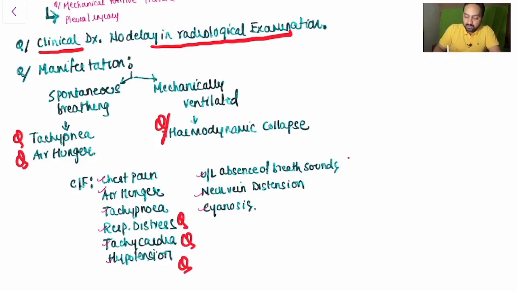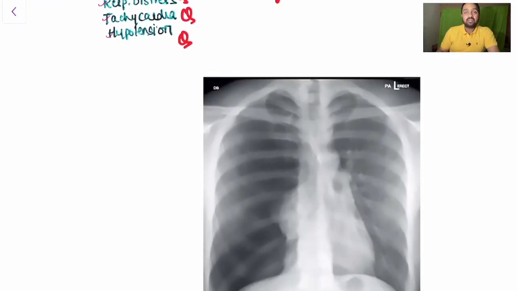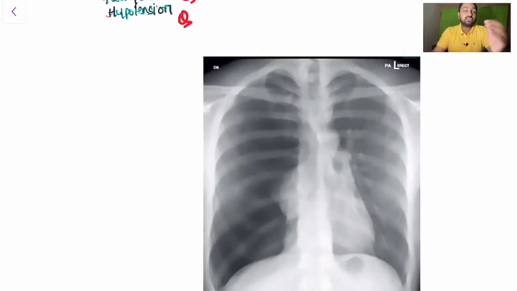And there would be unilateral absence of breath sounds, neck vein distension, and cyanosis. So look for these clinical features to diagnose tension pneumothorax in your clinical scenarios. Another way of putting this forward, the question is like giving an X-ray image along with your clinical scenarios. So this is a classical picture that has even been given in Bailey and Love for tension pneumothorax.